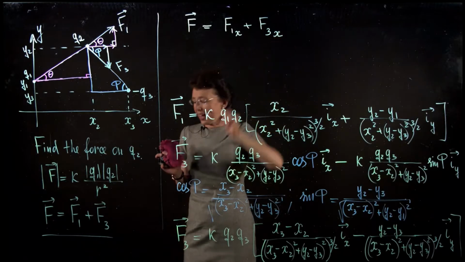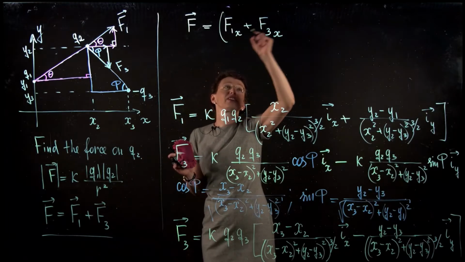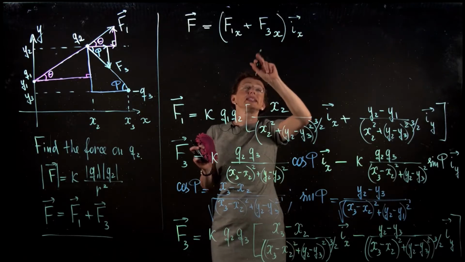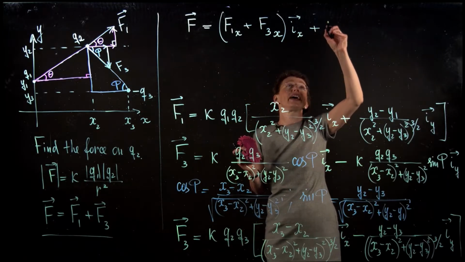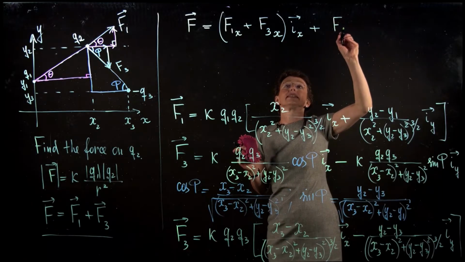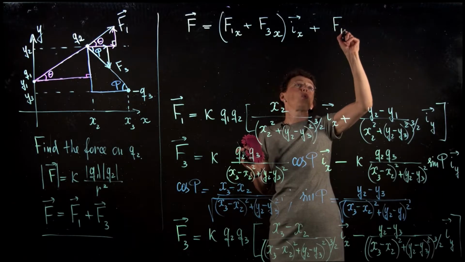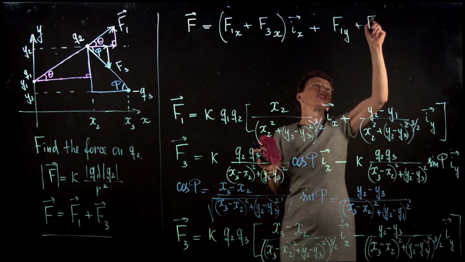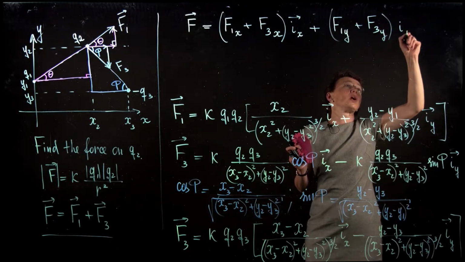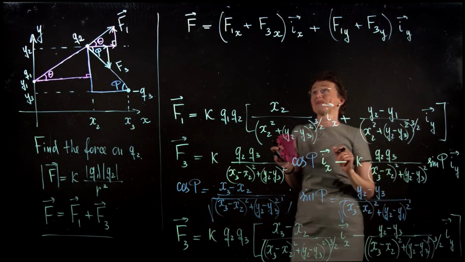I add the x components of these two vectors, and this will be my x component of the resultant. And then we have F1y plus F3y, and this will be my y component of the resultant.